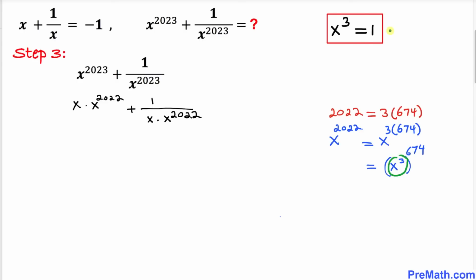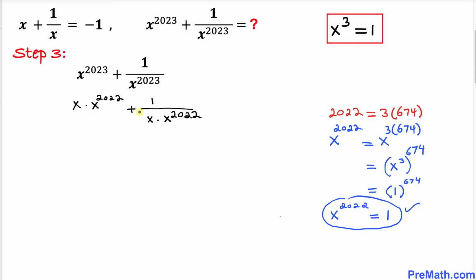We know x to the power 3 equals 1, which we figured out in our previous steps. So I'm going to replace x to the power 3 by 1. So this is going to be 1 to the power 674, and 1 to the power 674 is the same as 1. So thus we can see that x to the power 2022 turns out to be equal to 1.